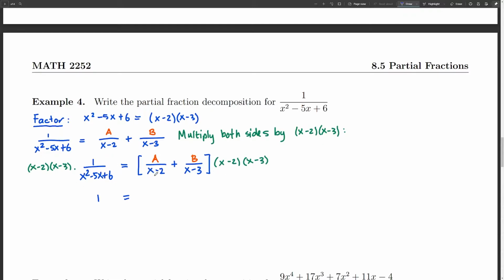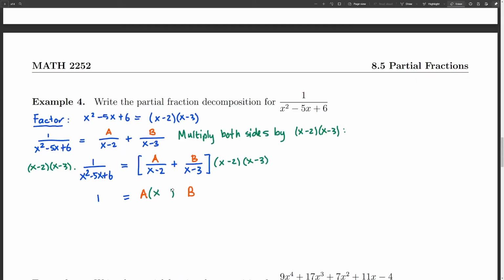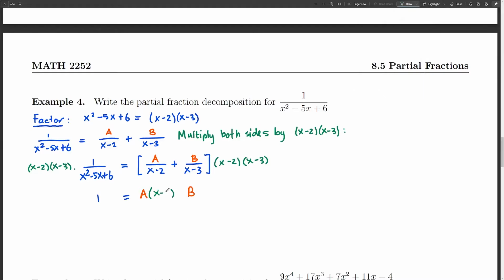And then on the right-hand side, we're going to have to distribute the x minus 2 and the x minus 3. And what we'll end up with is a times x minus 3, because the x minus 2 in the denominator of a over x minus 2 cancels.